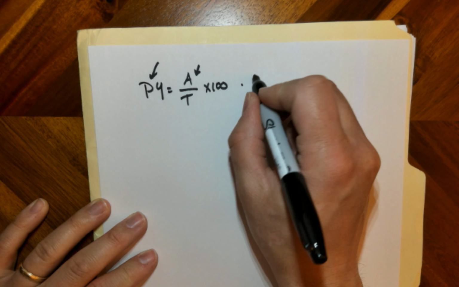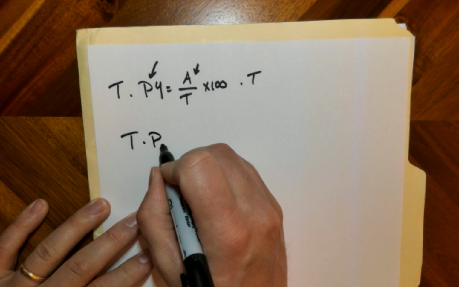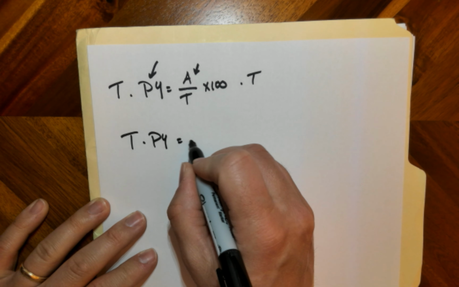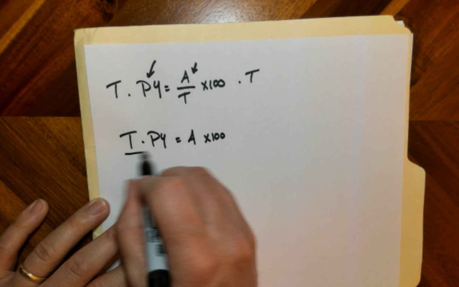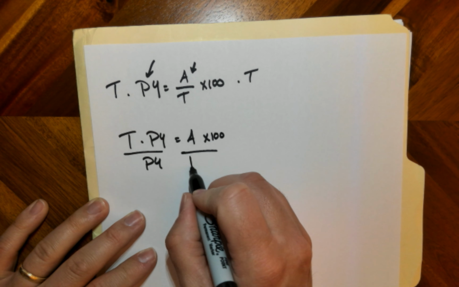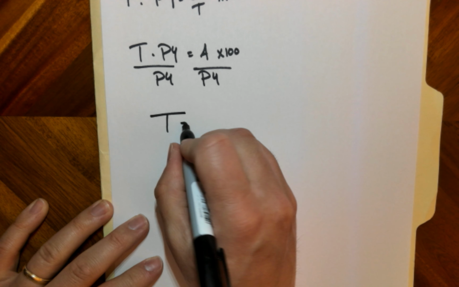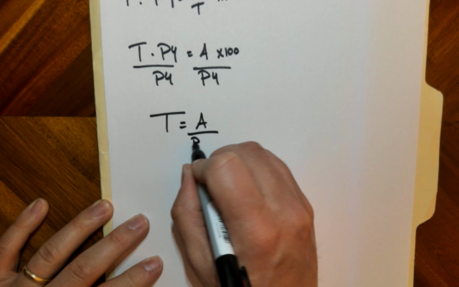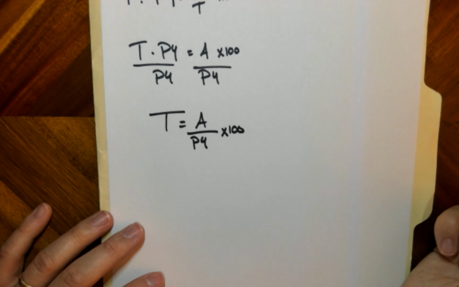I'll multiply both sides by the theoretical, and I'll get T times the percent yield equals A, the actual yield, times 100. And then I can divide both by the percent yield, rearranging this to get the theoretical yield is equal to the actual over the percent yield times 100. Awesome.